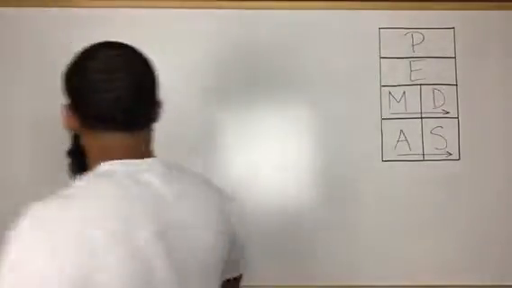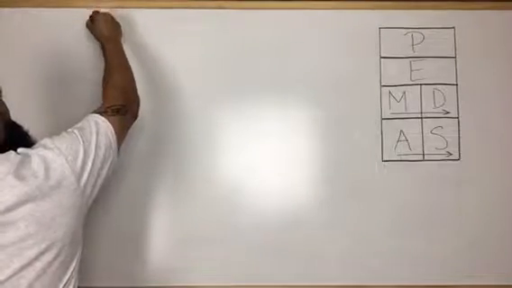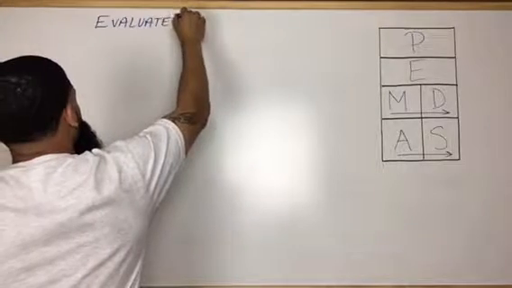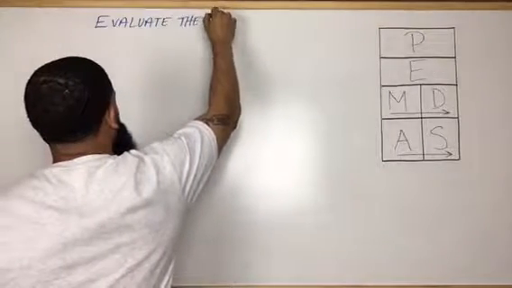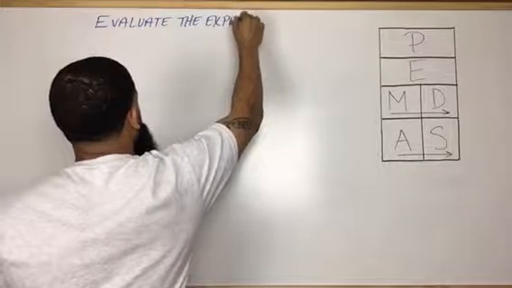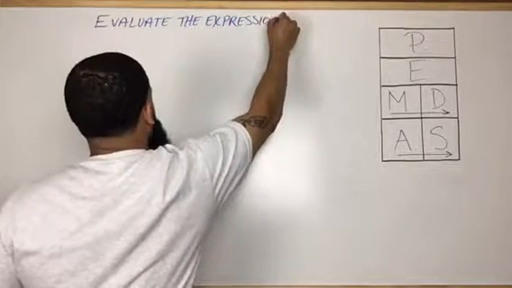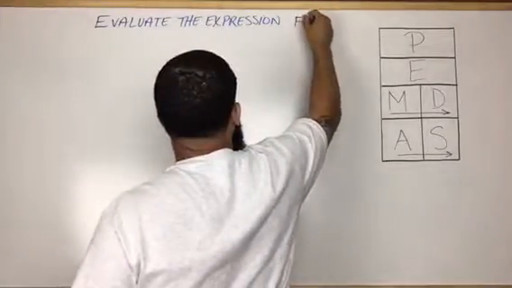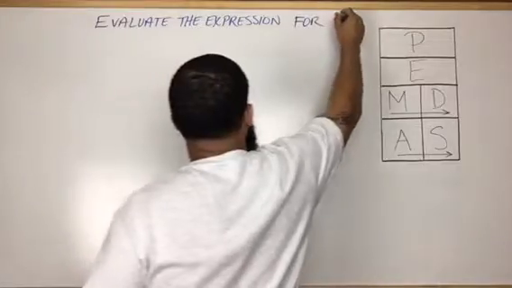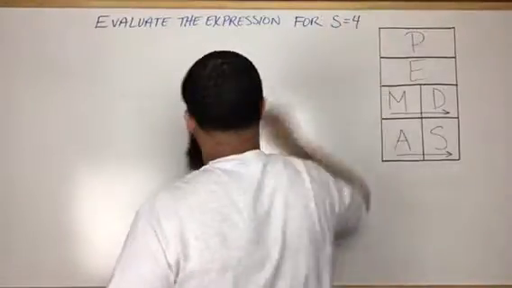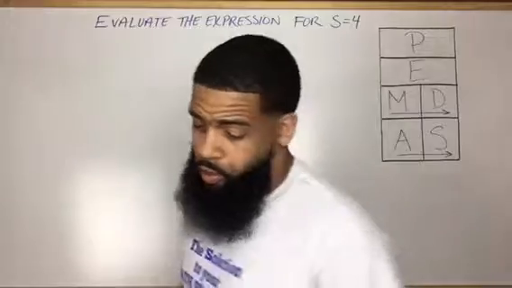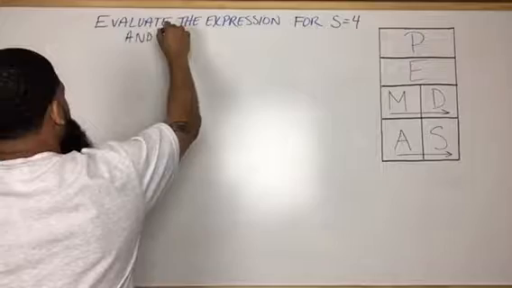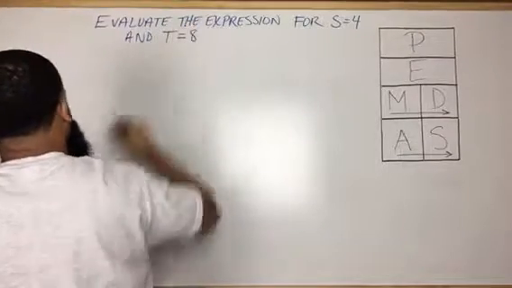All right. So for all of these, I want to evaluate the expression for S equals 4. All right. So S is going to equal 4. And T equals 8.